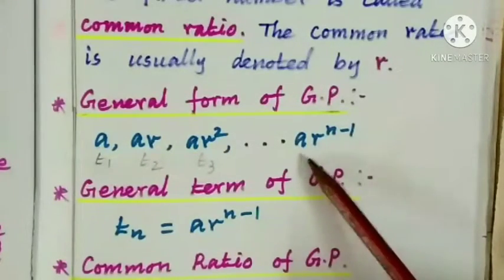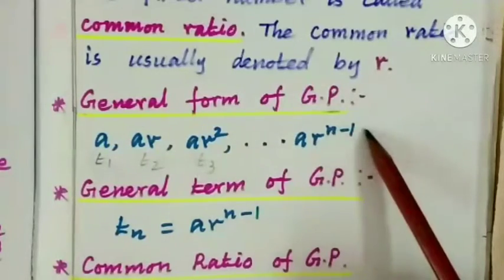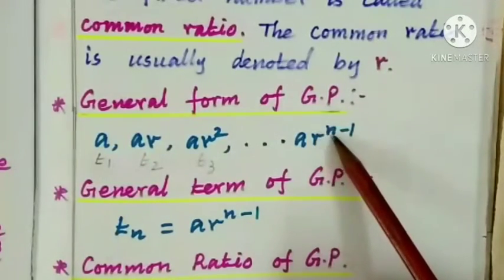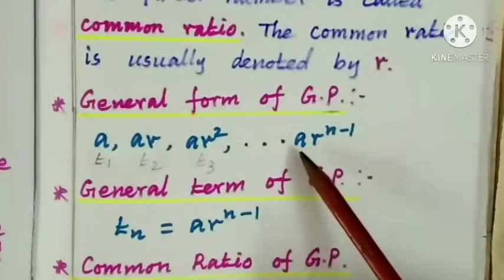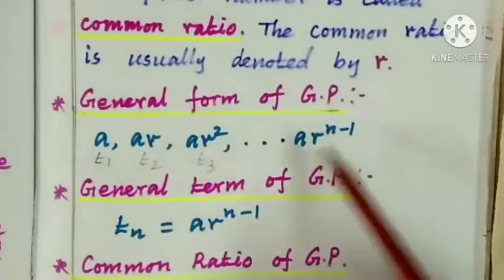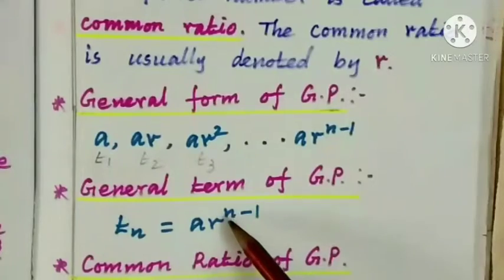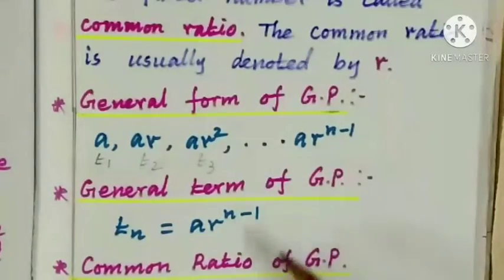Therefore, the nth term is ar power n minus 1, where n is the number of the term. So, the general term of a GP is Tn equals a into r power n minus 1.